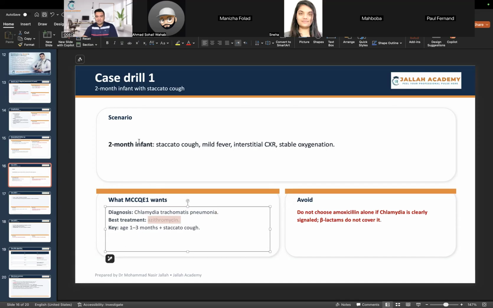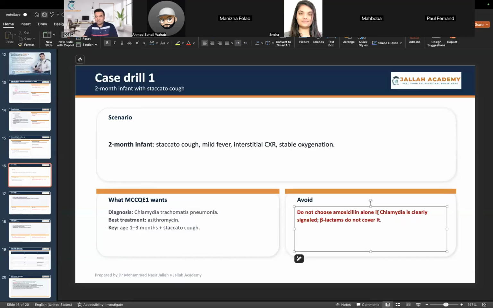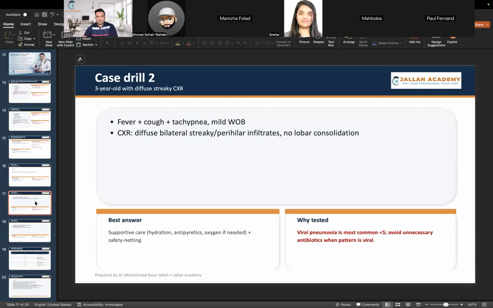The key age for chlamydia is usually 1 to 3 months, and the patient is 2 months old. The key characteristic is staccato cough. Avoid: do not choose amoxicillin alone if chlamydia is clearly signaled. Beta-lactams do not cover it. So if there is a combo or a mix, please mix the antibiotics as well.